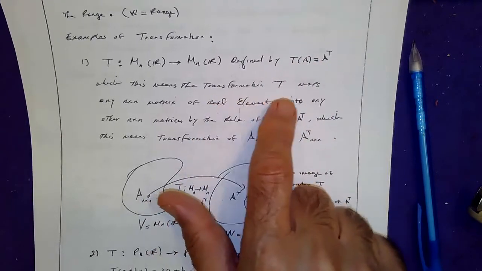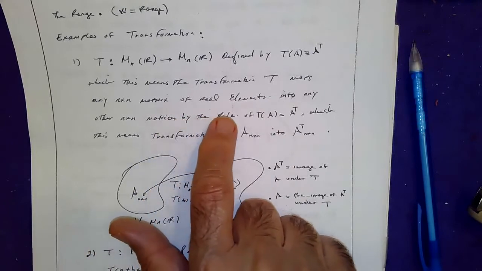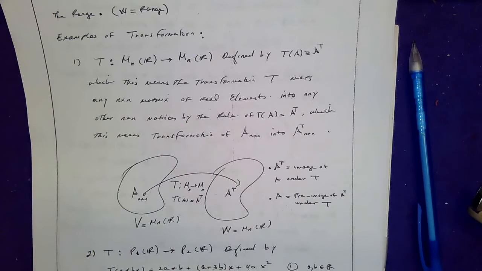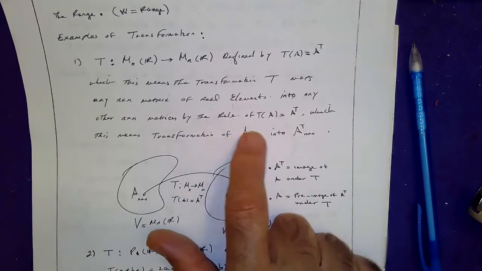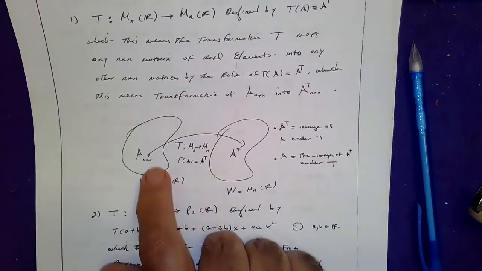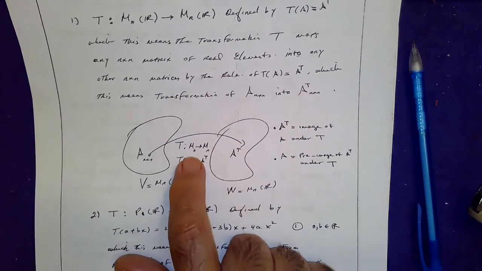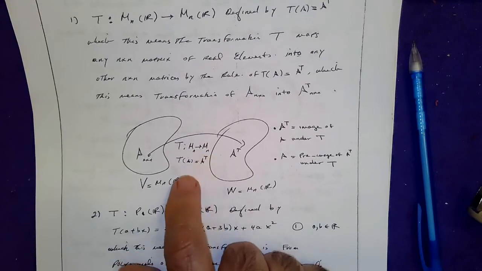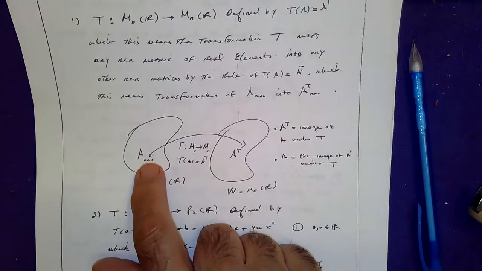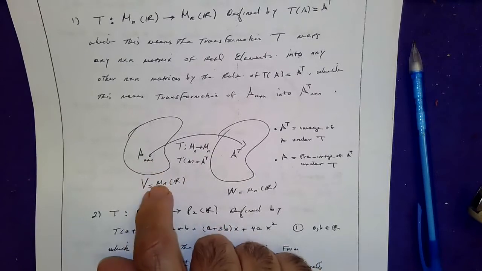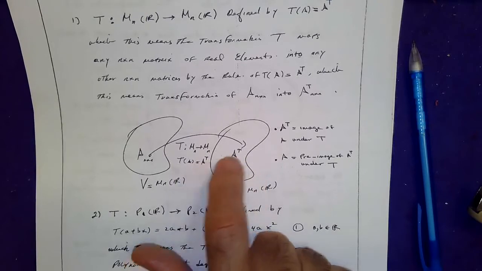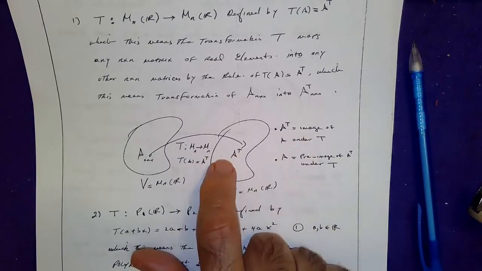This means the transformation T maps any n by n matrix of real numbers into another n by n matrix of real numbers using this rule. So we go from M_nn to M_nn, and the rule is T of A is equal to A transpose. Anytime you choose a matrix in vector space V, the image of that matrix under this transformation is A transpose.